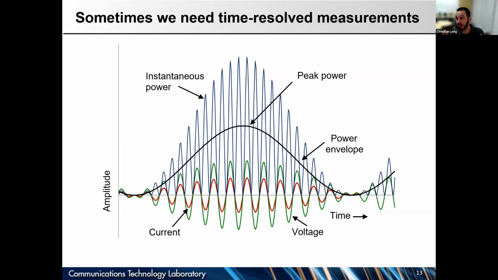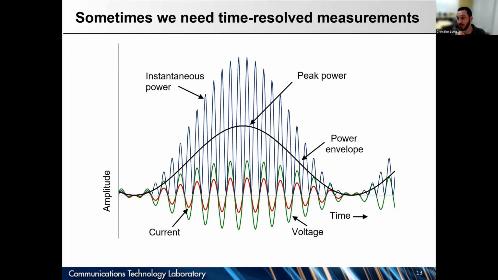So often you need time resolution. And so we talk about another kind of bandwidth of the power sensor, which isn't the carrier frequency, but how quickly it can do measurements in time. This is often called the video bandwidth of a power sensor.